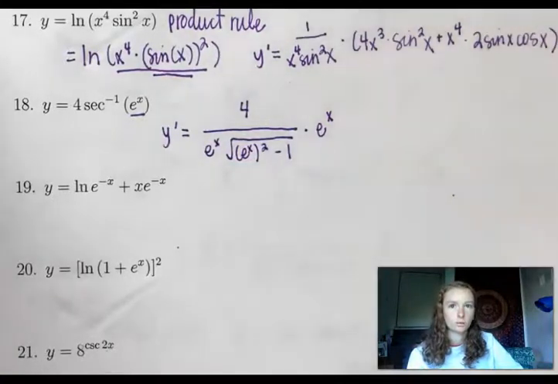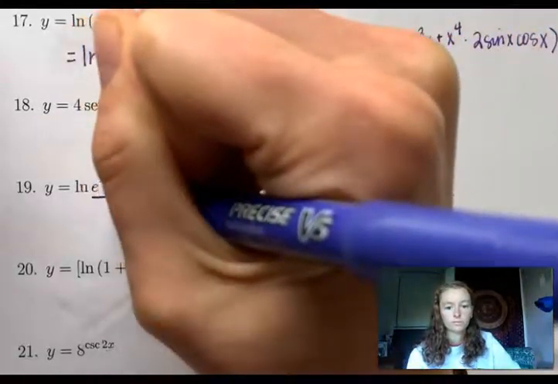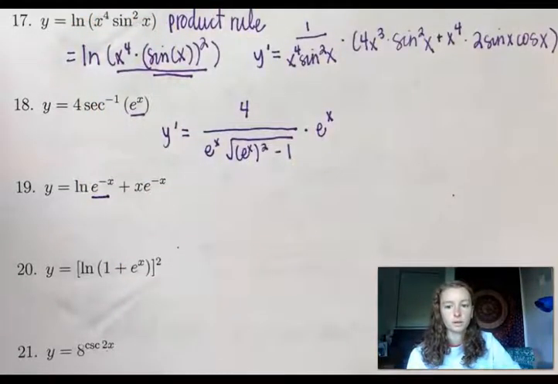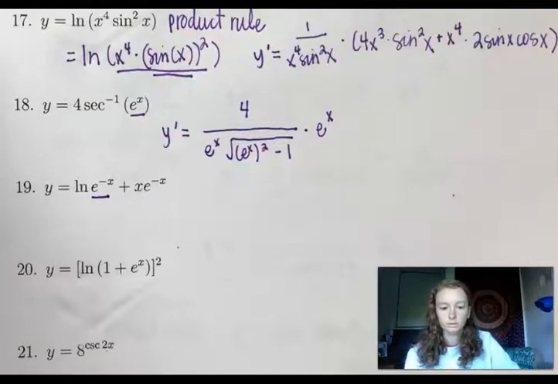But anyway, e to the x is our inside function. And just on this one, remember that the derivative of inverse secant is 1 over x root x squared minus 1. So just keep that in mind.